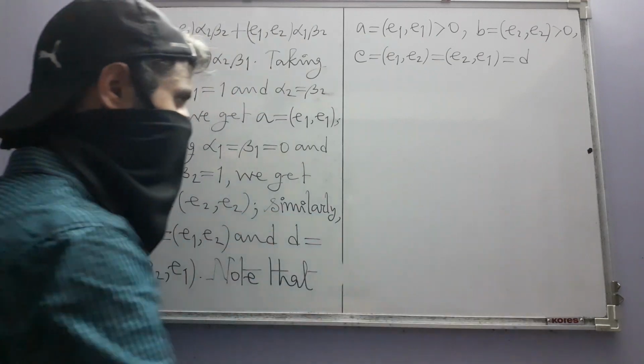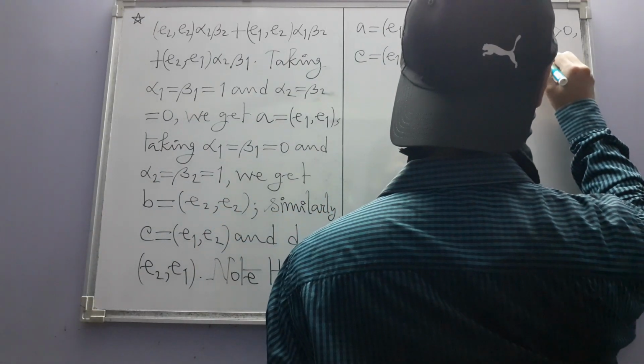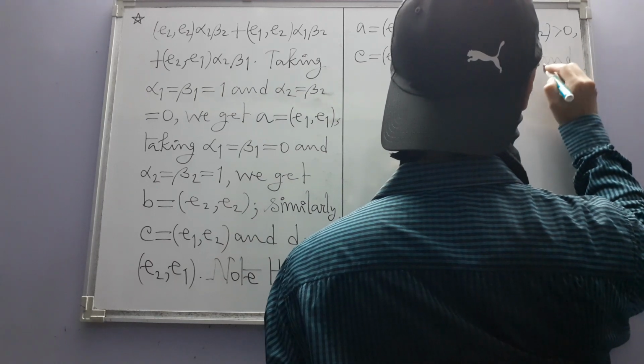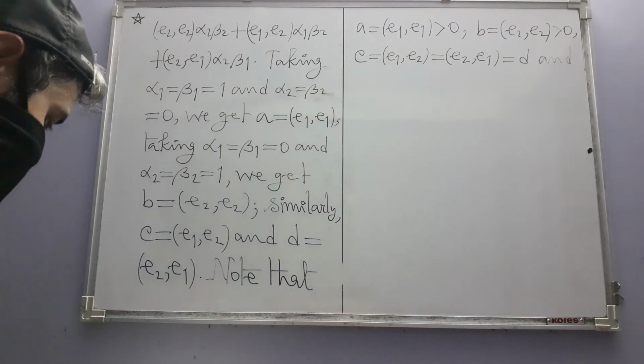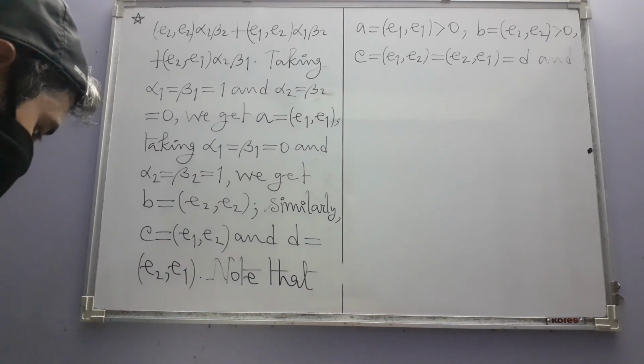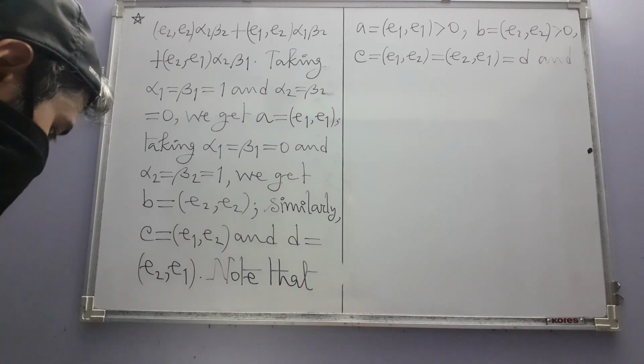We can also link A, B and C, and that can be done via the Schwarz inequality, and it actually comes like this.